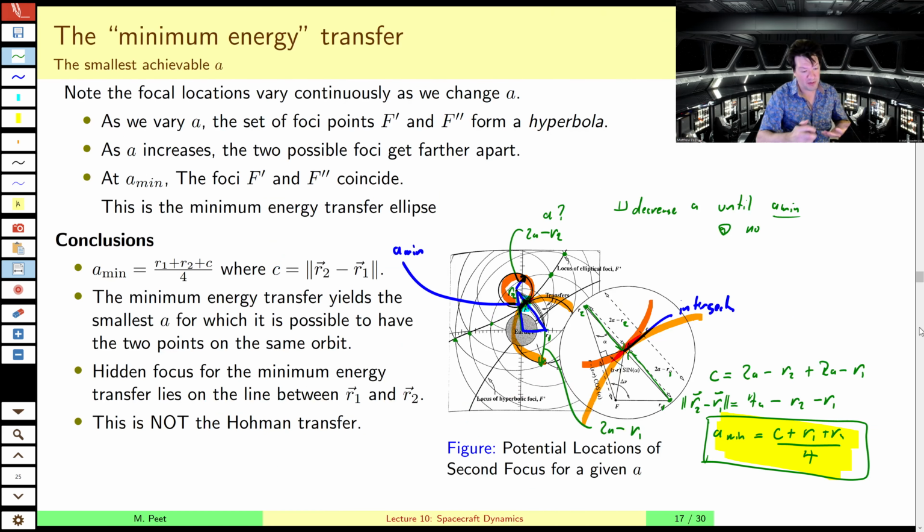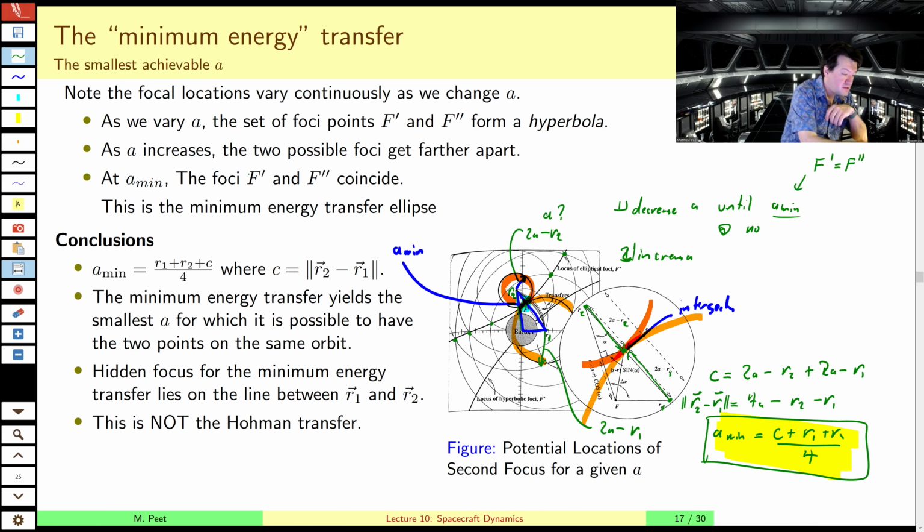Then, of course, what happens as we increase a? Well, anything beyond a min, we'll have two intersections. And at a min, of course, there's only one point of intersection. At a min, therefore, we can conclude that the two options, the long way and the short way, coincide.